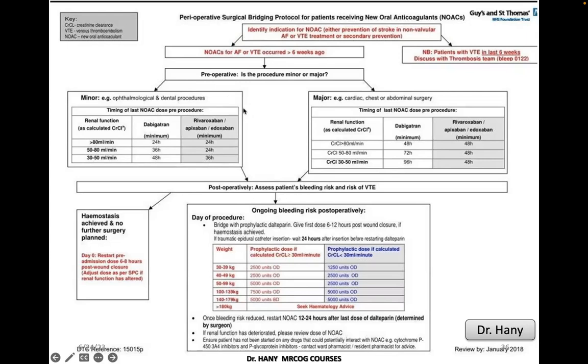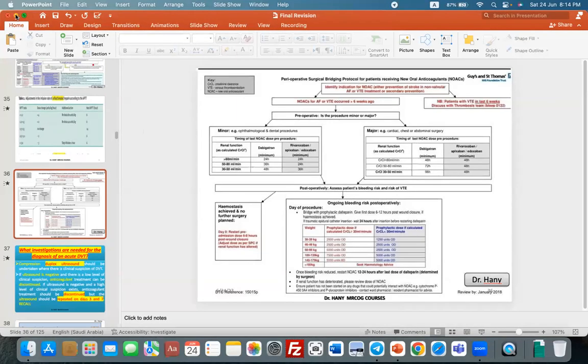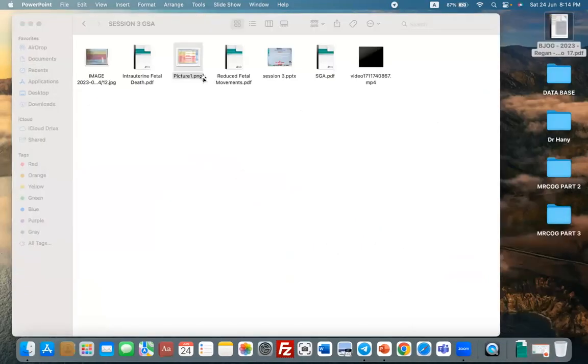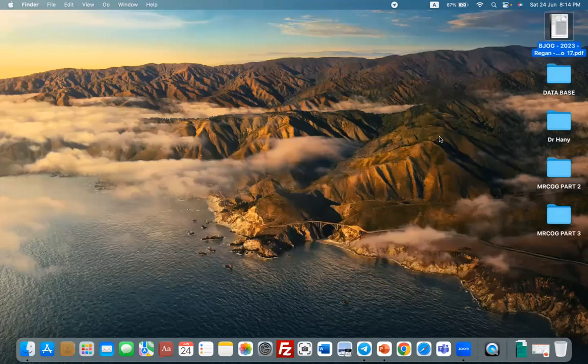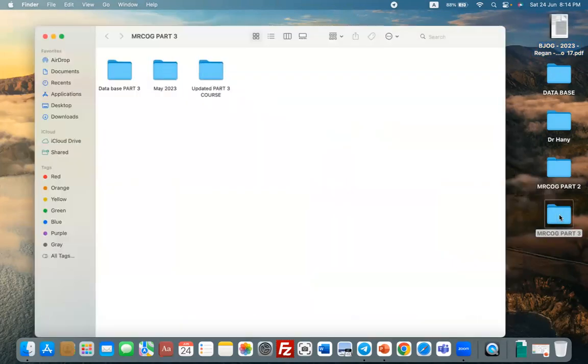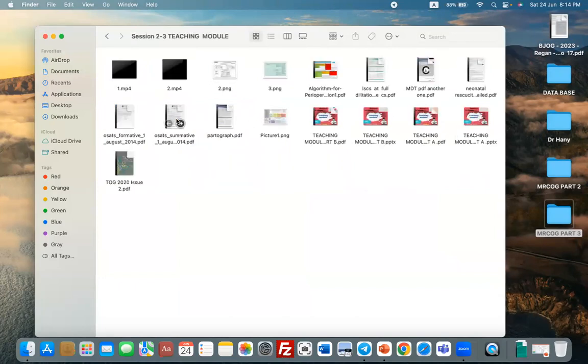Wait, I think it's not here. How to bring this one now? It was in part 3, in bridging part 3. It was in the teaching, bridging, teaching, bridging.